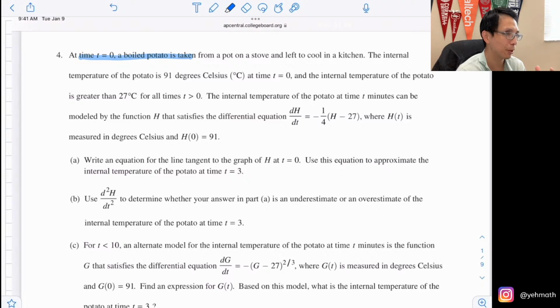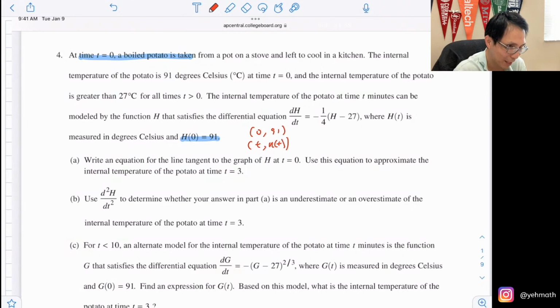There is an independent variable and a dependent variable. That's why students got confused and didn't know where to start. So H of 0 is equal to 91. That basically just means the point (0, 91), and this is temperature versus H of T. That's the first thing you have to understand.